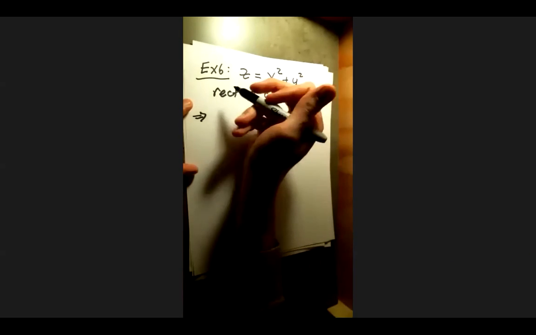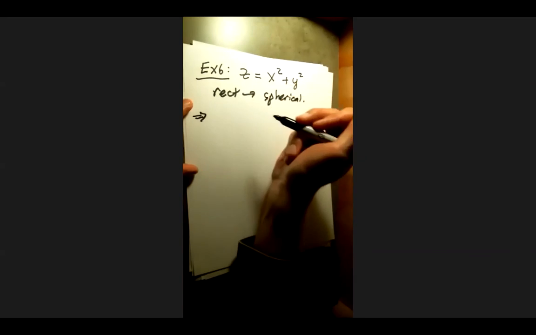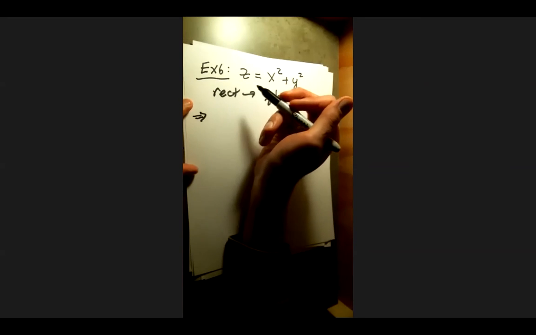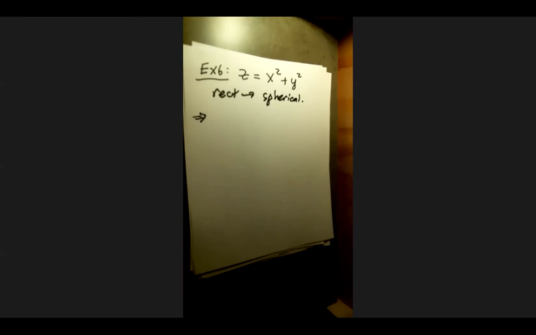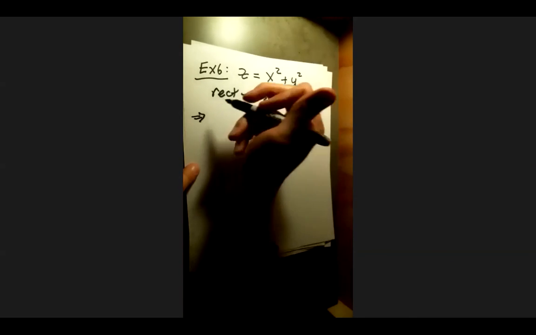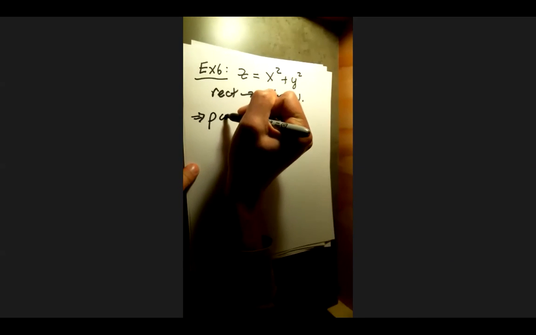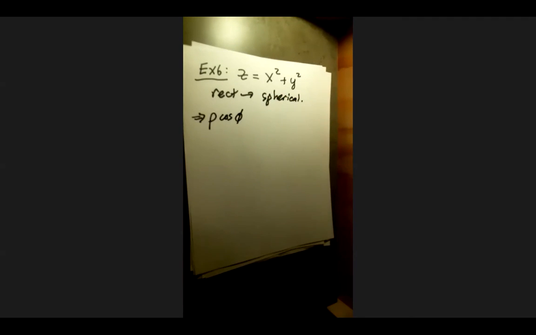So z becomes, why don't you give me those formulas, because you probably don't remember these quite as well. What does z get replaced by in going to spherical coordinates? Rho cosine phi. Good.